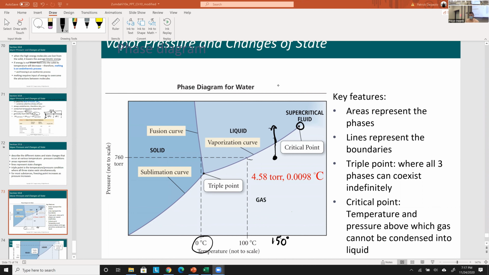High pressures, we know, can decrease the amount of freedom that the substance has. It can go from a gas to a liquid to a solid if we increase the pressure. But water is different. If you increase the pressure of water, it will go to its most condensed form, which in its case is liquid.